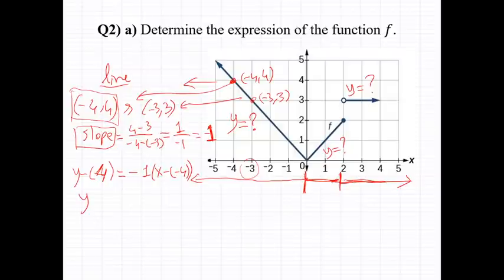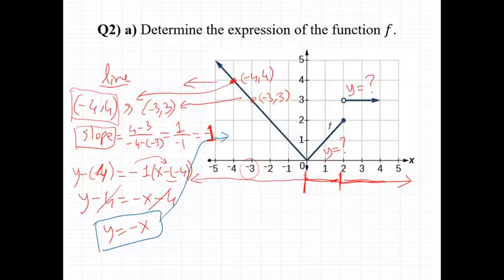So this will give us y minus 4 is equal to minus x plus 4, and with the minus it will be negative again. So we end up with a negative x line. So this part of the graph has the equation y equal to negative x.